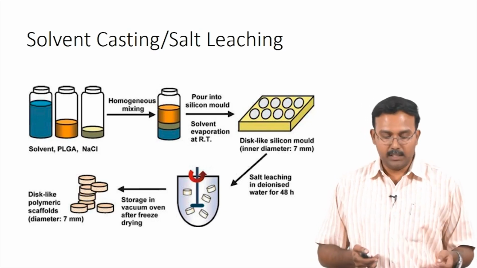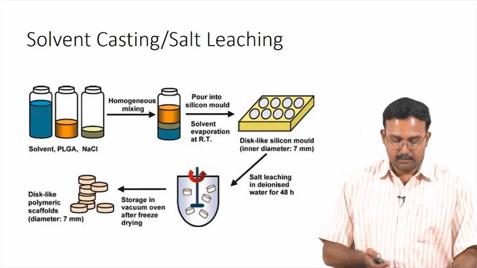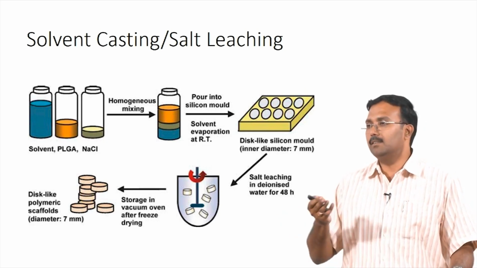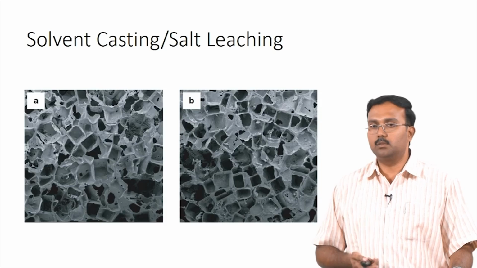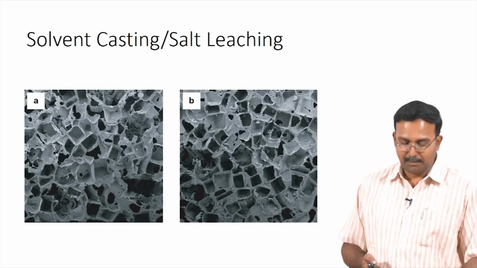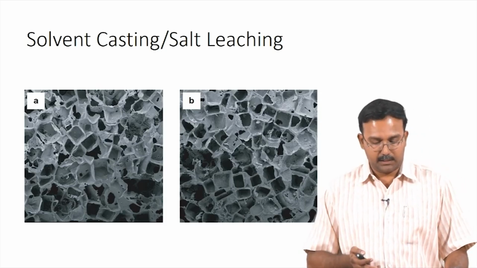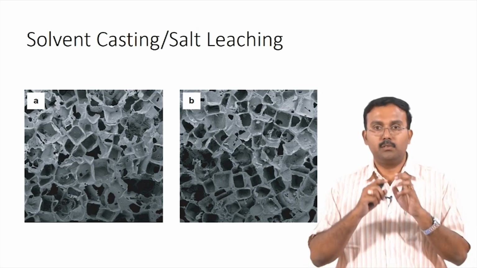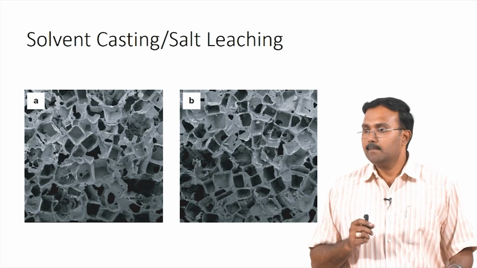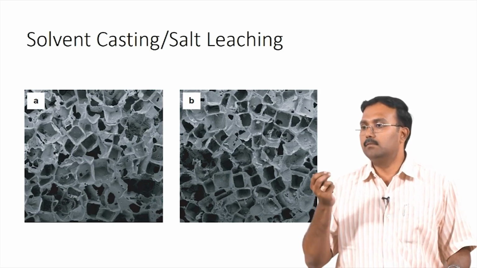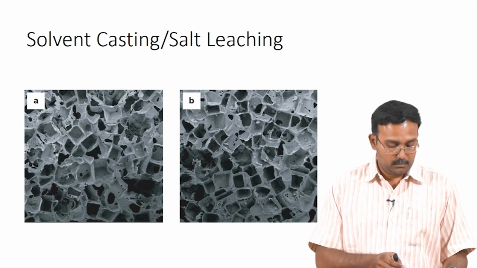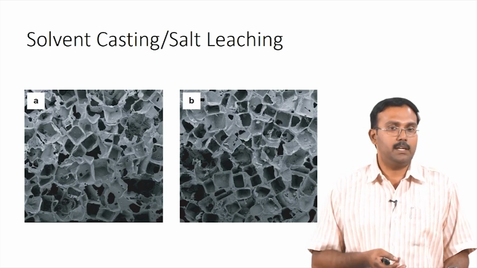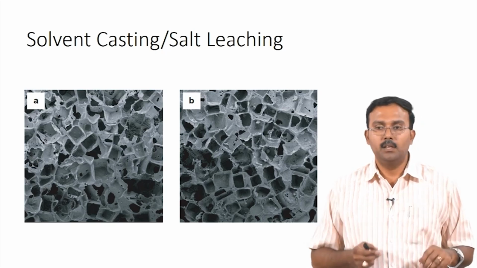That is the salt leaching technique, and then you can freeze dry it to eliminate all the remaining solvents and so on. This is an SEM image of a solvent cast salt leached material. You can see nice cube-like pores. This is where the salt crystals were present, right. Those got washed away and you actually got these pores.